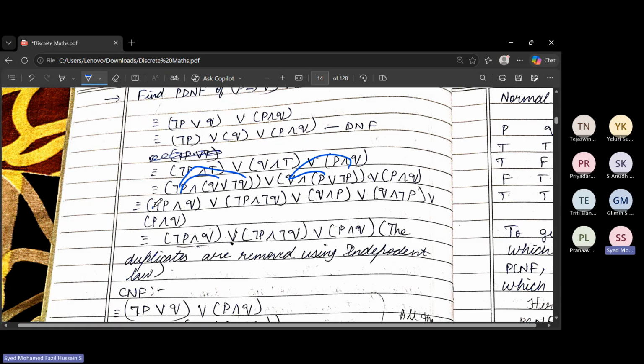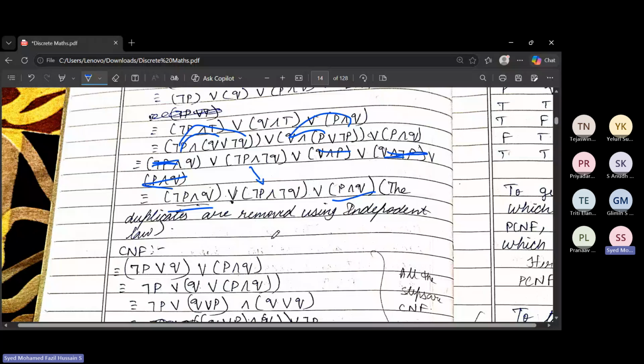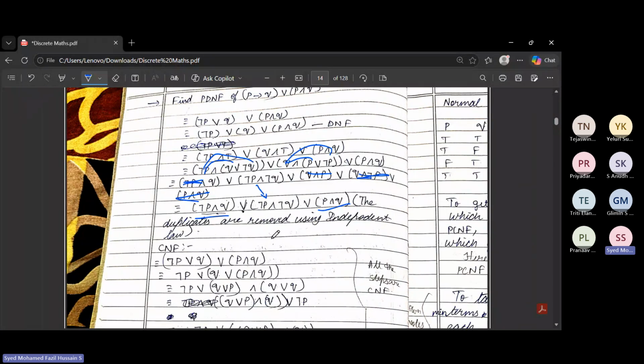As you can see, this statement and this statement are both the same, so we put it as one statement, and this statement and this statement are the same, and we put it once, and this statement here. So that's all. So this is what the principal disjunctive normal form is about.